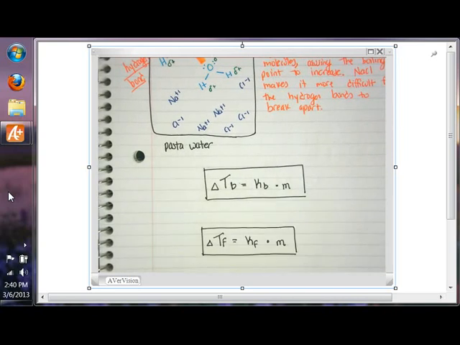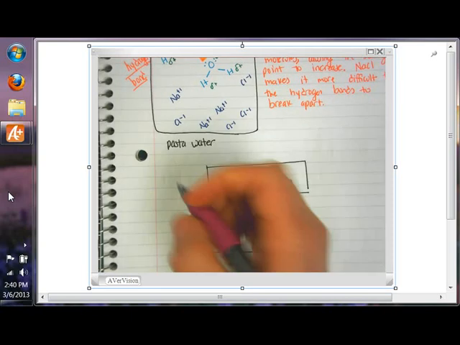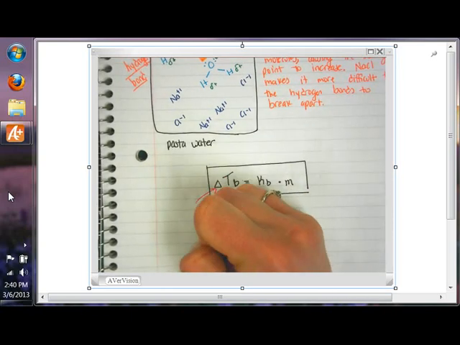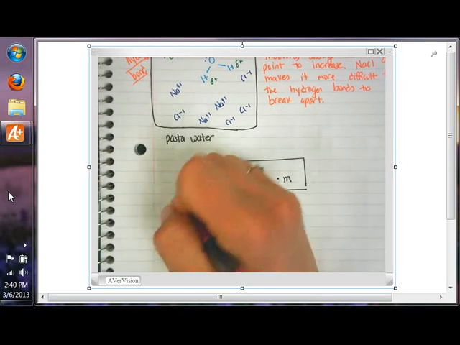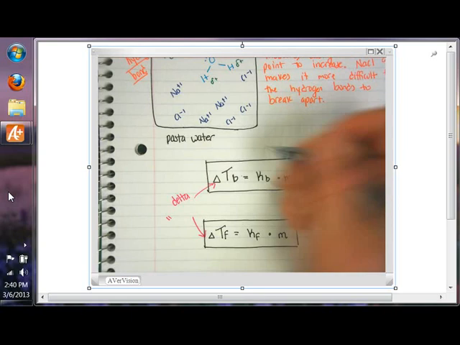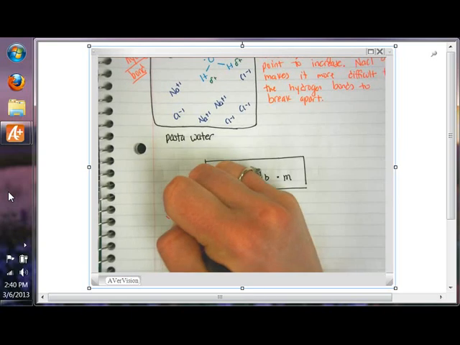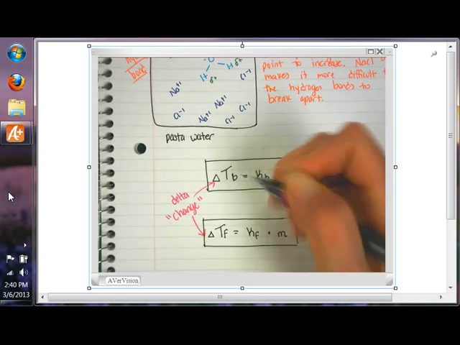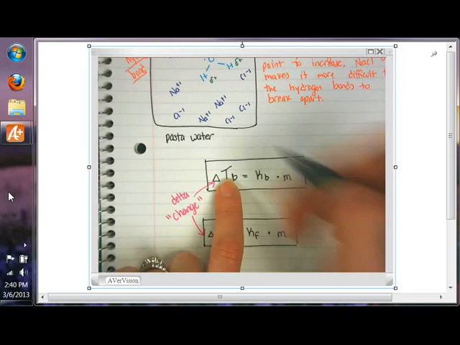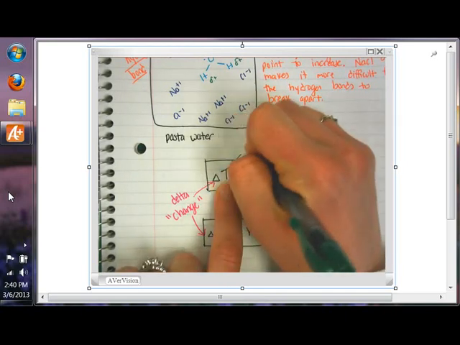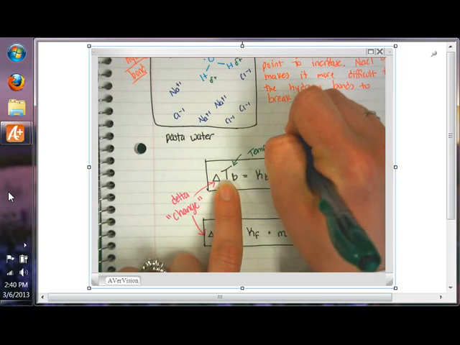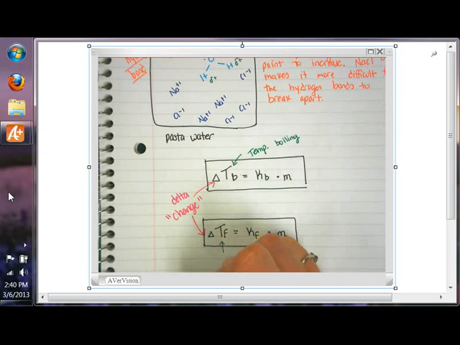First things first, this triangle right here is the Greek letter delta, and it means change. So we're going to be calculating change, and TB stands for temperature, boiling. TF stands for temperature, freezing.